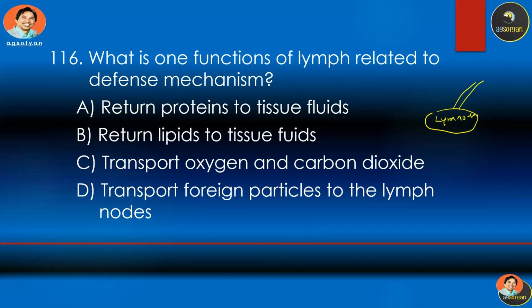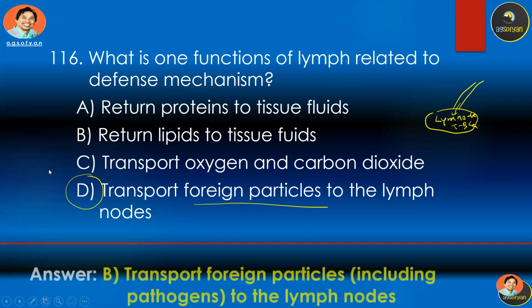Usually they will go to the lymph node, and in the lymph nodes there are a lot of T cells and B cells. So the foreign molecules will be carried by the lymph vessel into the lymph node. So it carries the foreign particles, including bacteria and other debris, into the lymph nodes.